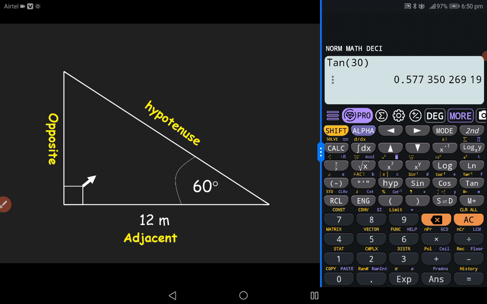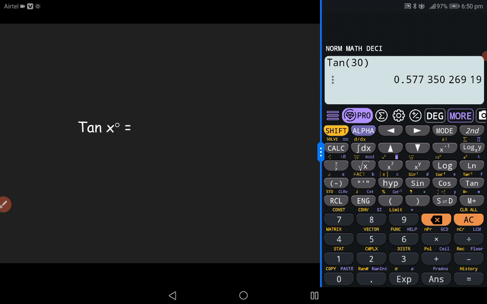You have to use the formula, and you have to copy this somewhere in your book. The tangent of x is opposite over adjacent. Remember, this is how we define the tangent. In this case, we are finding the tangent of 60 degrees.